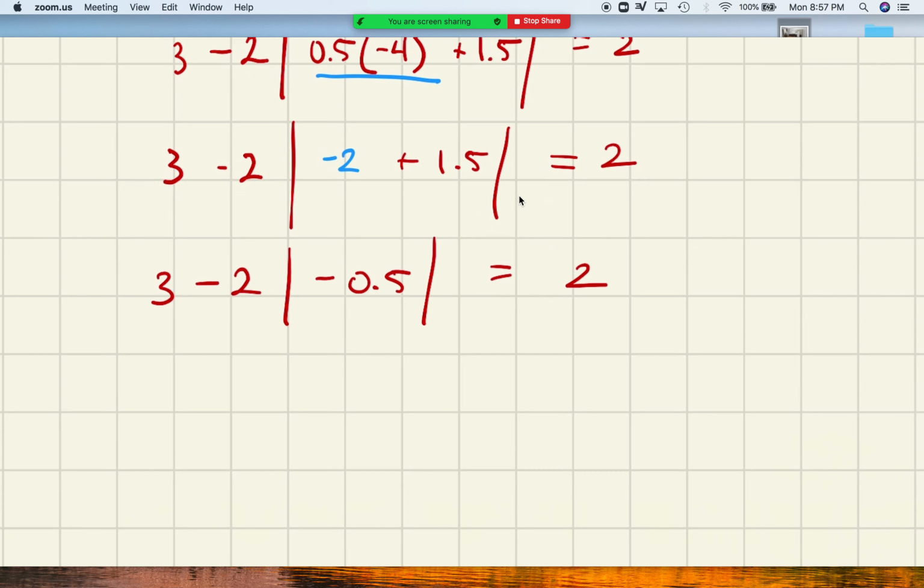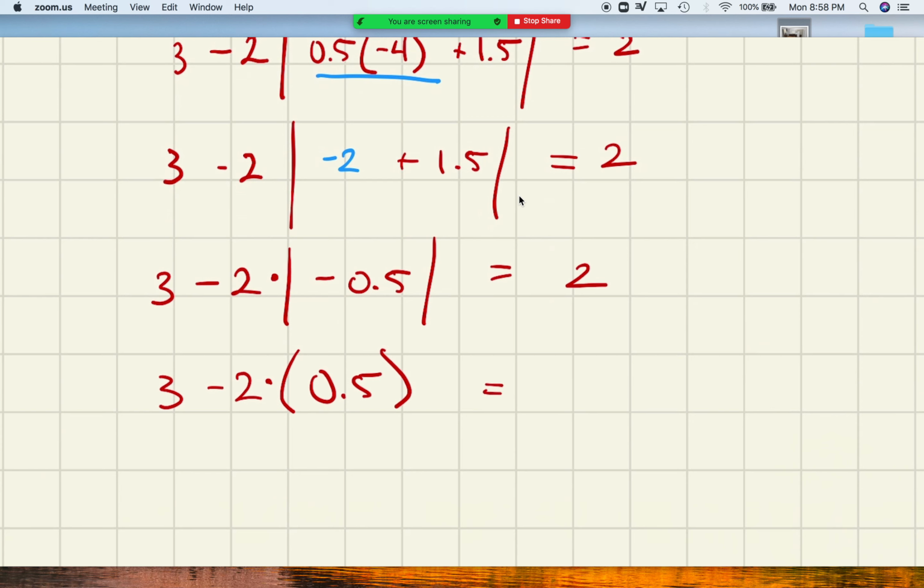And now that I only have one number inside the absolute value, I evaluate the absolute value, because the absolute value of negative 0.5 is just regular 0.5. So I change this to just regular 0.5, and I change the absolute values to parentheses, because this is still times.